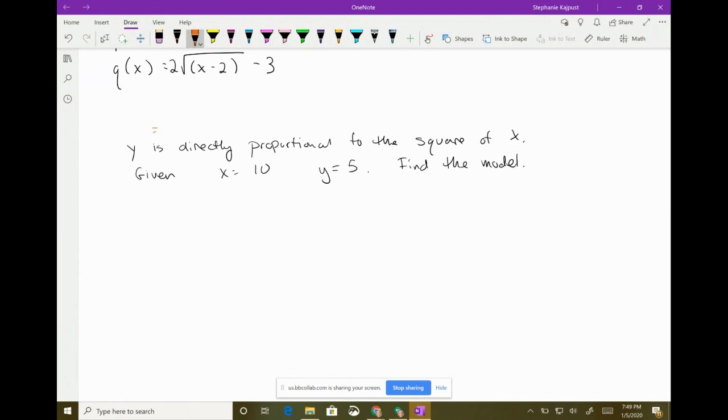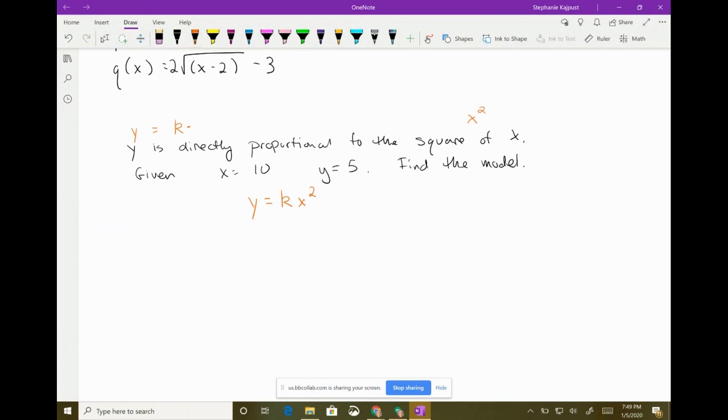The word "is" is always an equal sign. So we have y equals. Direct proportion means you're multiplying k times something. And then we have the square of x, which is x squared. So this translates to y equals kx squared.